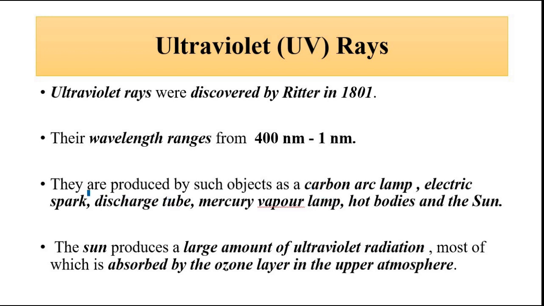The most common example of ultraviolet rays production is the sun, which produces a large amount of ultraviolet radiation, most of which is absorbed by the ozone layer in the upper layer of the atmosphere. Other sources are carbon arc lamp, electric spark, discharge tube, mercury vapor lamp, hot bodies and sun obviously. So these are some of the sources of ultraviolet rays.